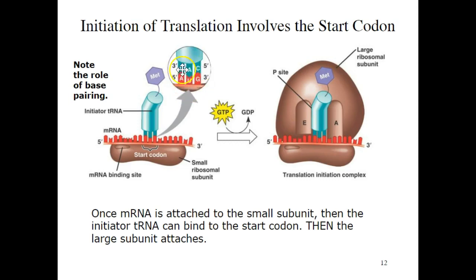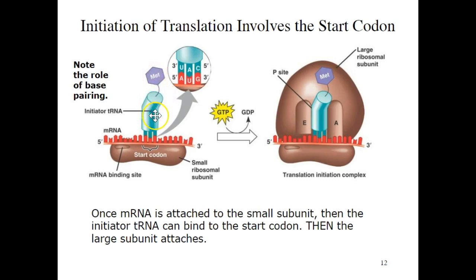The light turquoisey blue is the anticodon region of this transfer RNA molecule, and it will always carry methionine. Although in fact, in the prokaryotic world, that methionine is a little modified methionine. It has an extra functional group on it called a formyl group. So it's F-methionine or formyl methionine.